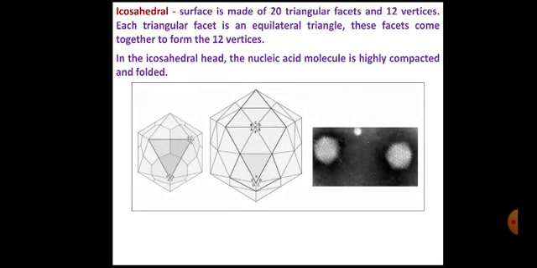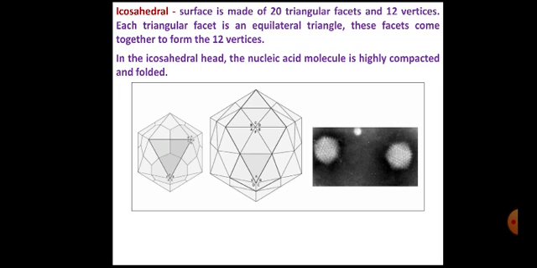Now, what exactly is an icosahedral capsid? It is a very regular structure made up of proteins, and these protein subunits are arranged in a specific way. It consists of 20 triangular facets. We can see in the picture what triangular facets mean. These are the triangular surfaces and 12 vertices.